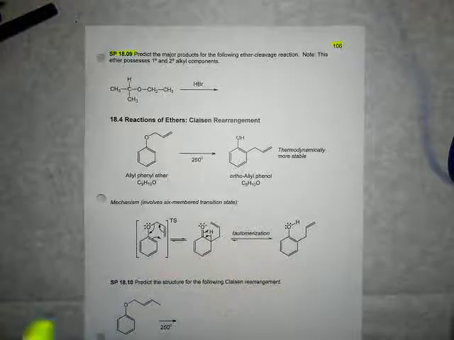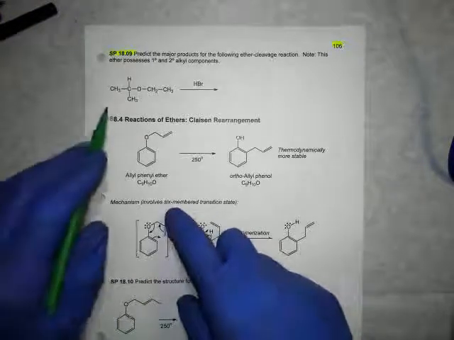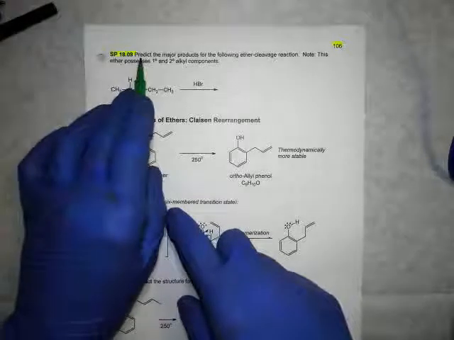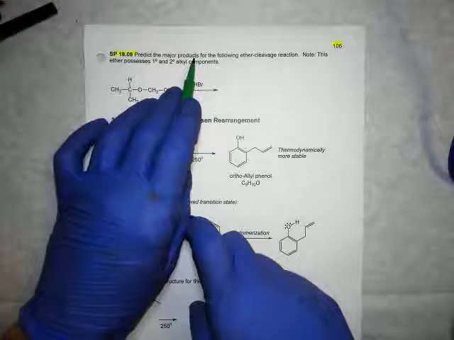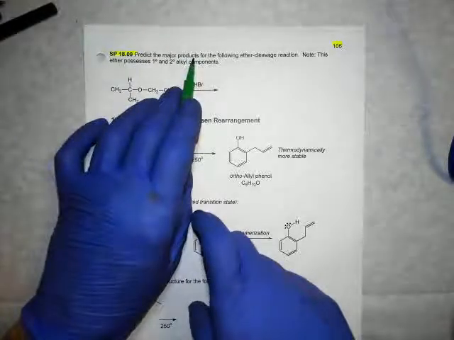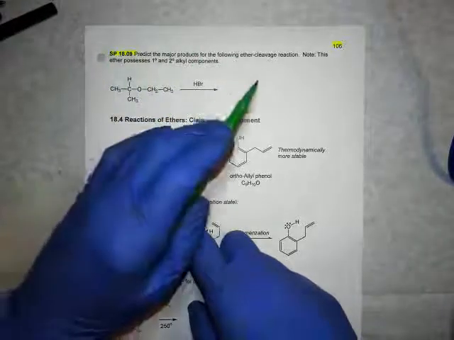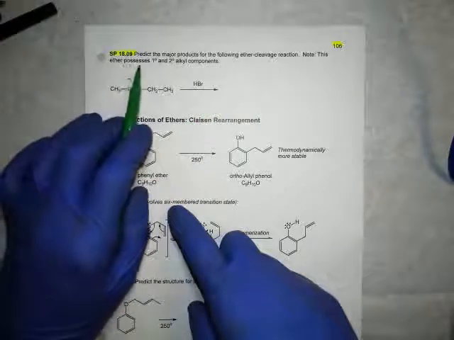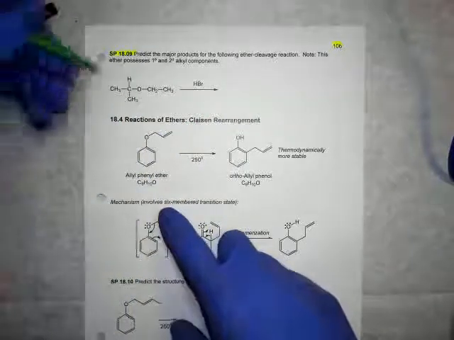Now here we have a slightly different scenario, but not that different. Let's read the directions. It says predict the major products. Notice it's plural. That means we're going to get an alcohol and an alkyl halide for the following ether cleavage reaction. And then I go on and add that the ether possesses both the primary and secondary alkyl components.